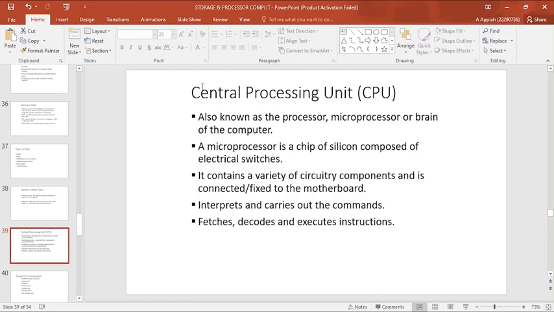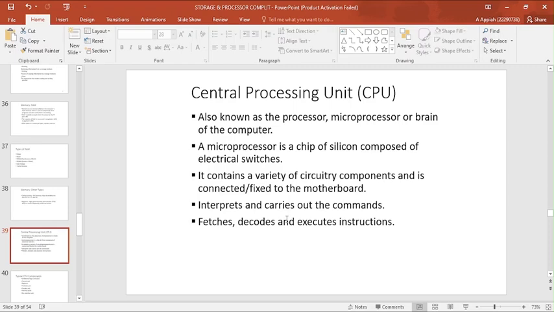Some also refer to it as the microprocessor, or some look at it as the brain of the computer. A microprocessor is a chip of silicon composed of electrical switches. It contains a variety of circuitry components, and it's always connected or fixed to the motherboard.